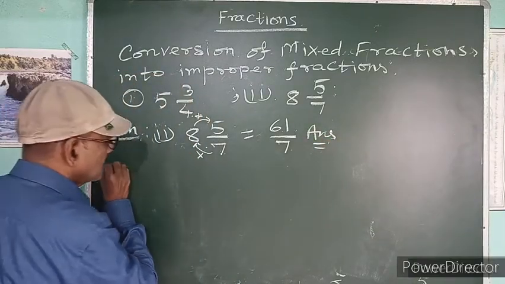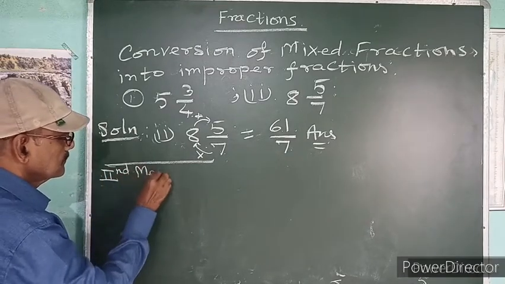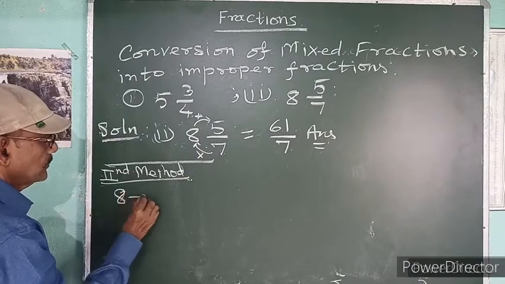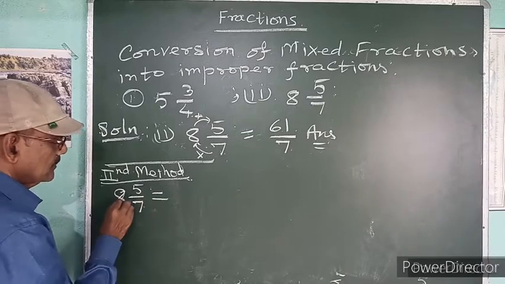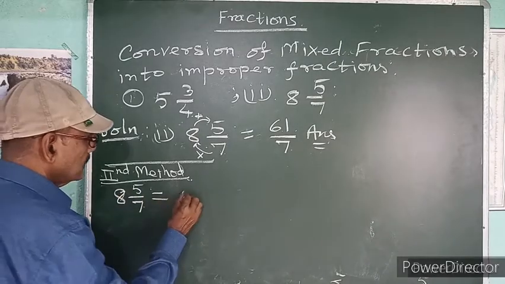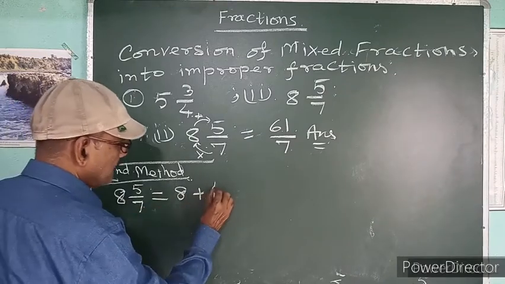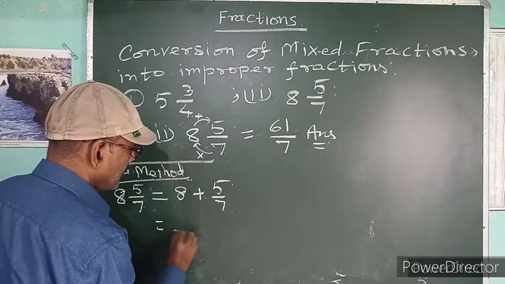Second method. Eight whole 5 by 7. Split this. This is a whole number 8 and this is a fractional part 5 by 7. Again take the LCM.